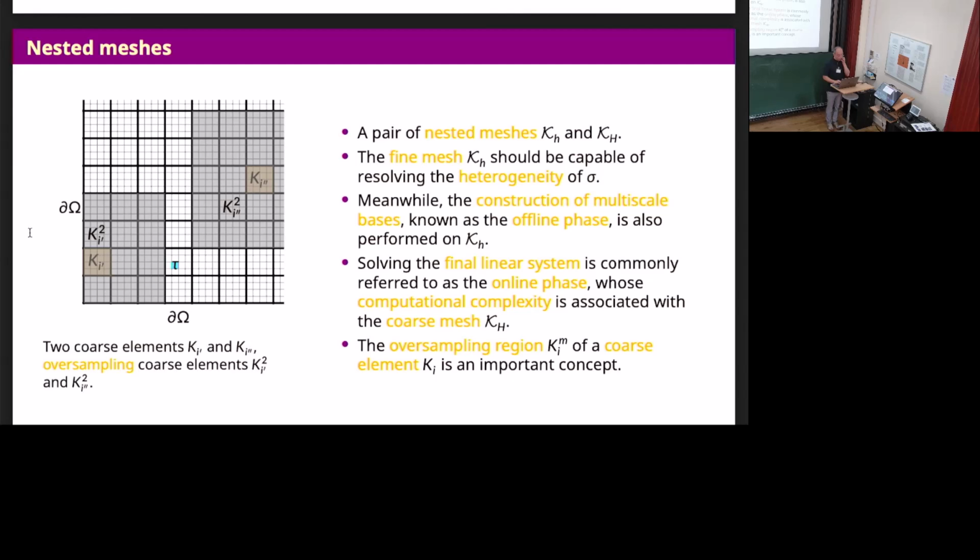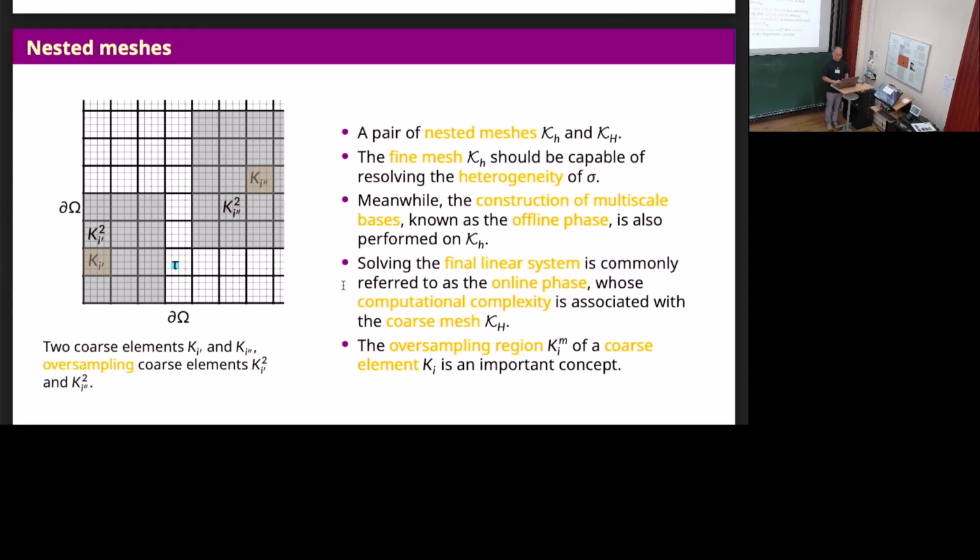And for this figure on the left-hand side, this little element here is the fine mesh. And also, when we compute the multiscale basis, we will also solve some local problems. And to numerically solve the local problems, we will also use this fine mesh.